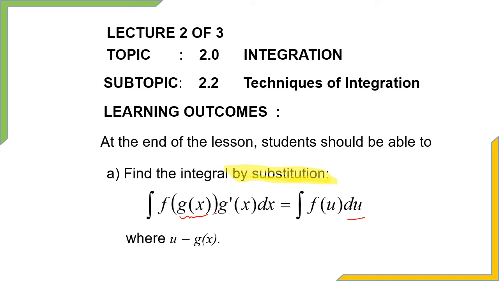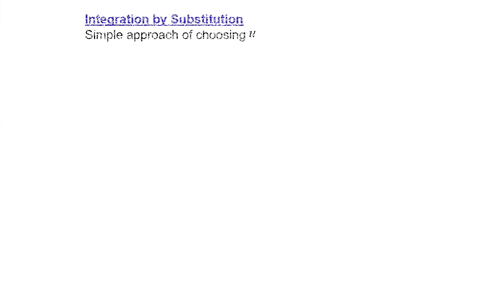Our main focus now is to modify the equation by representing some of the terms, some of the expression, as another variable, so that the question will become easier to integrate. That is our focus in using substitution.